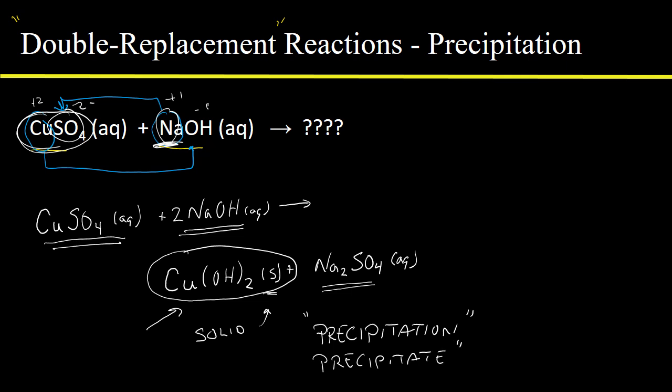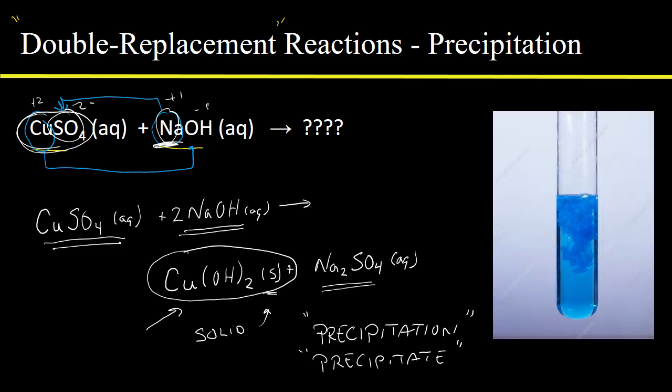Okay. All right, and so here's what that would look like if we have a little test tube and we put some copper sulfate in there, and we add a few drops of a solution of sodium hydroxide. It'll look like this. This kind of pale blue color down here is just the color of the copper sulfate solution.